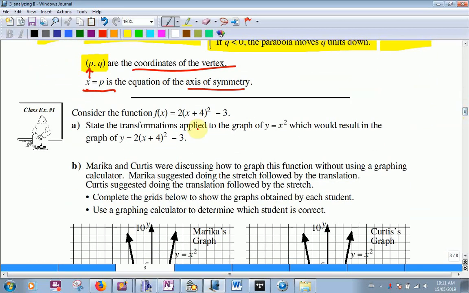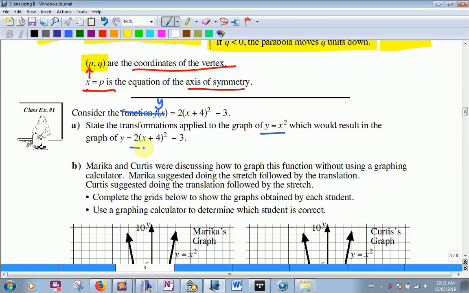Consider this function, and it's a function because it's f of x, and if you want to think that's y and think it's an equation, that's just fine. So I got some stuff going on. Compared to our most basic graph, y equals x squared, what does that do? Well, let's start.